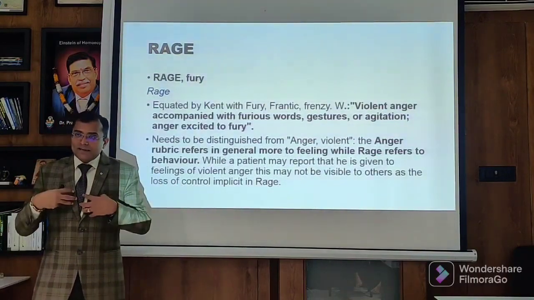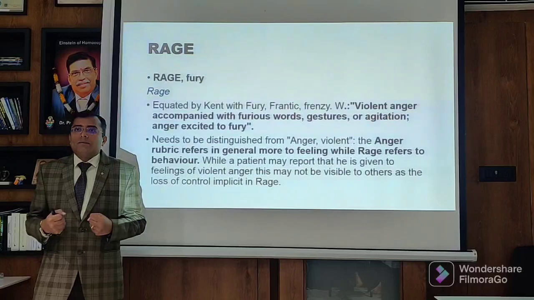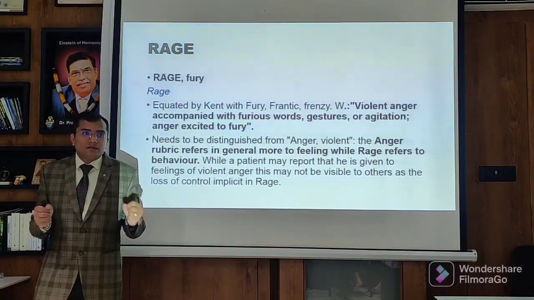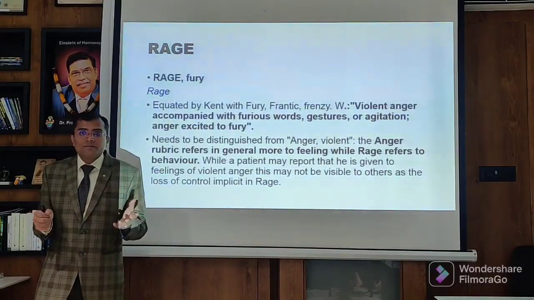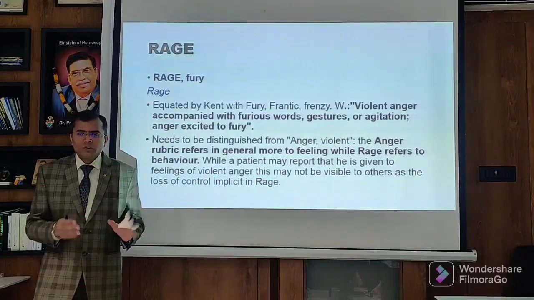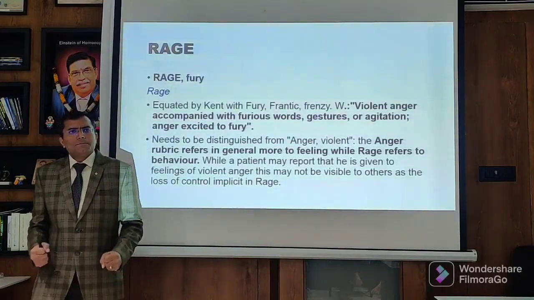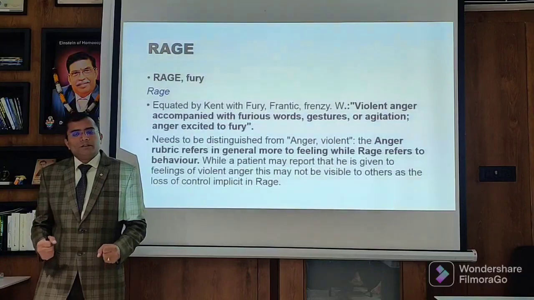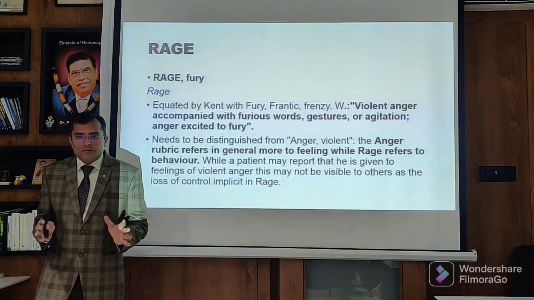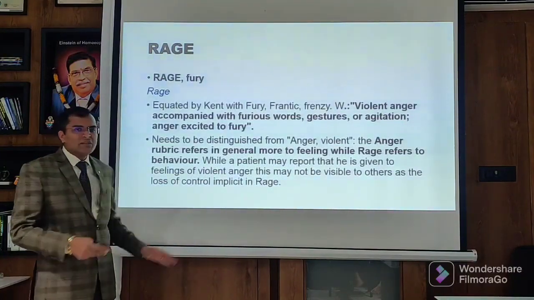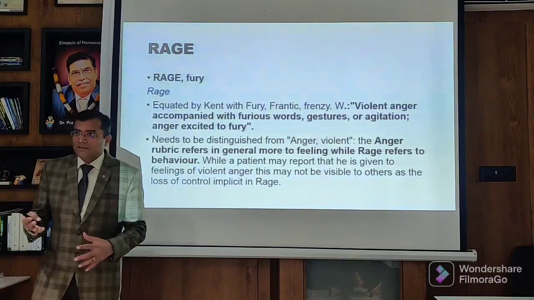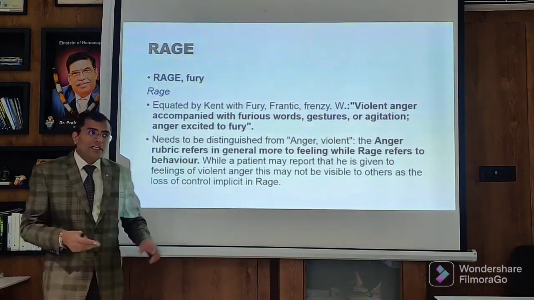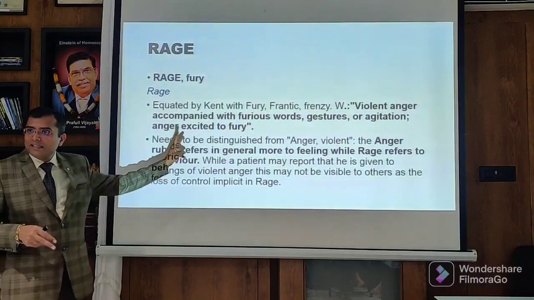So one has a lot of anger, but the person cannot express or show that. That is anger violent. There was so much anger, but not so. And rage is something where the behavior has changed. That is very different. So anger violent and rage are different.